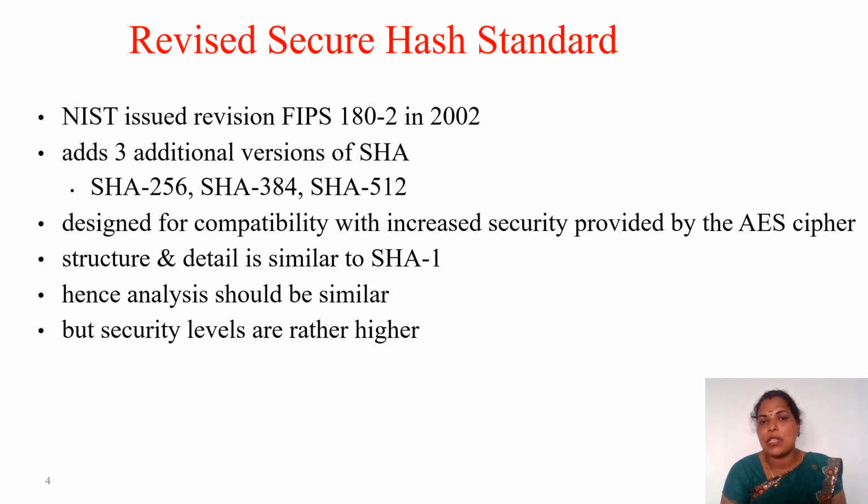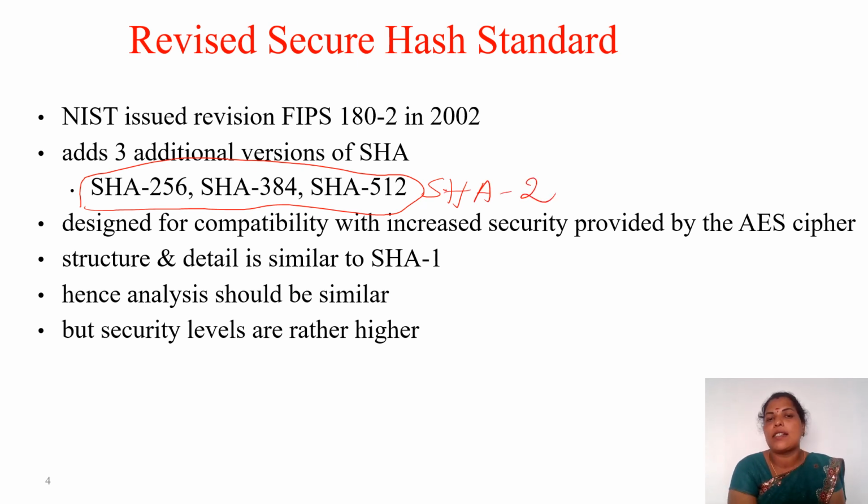This FIPS 180-2 adds 3 additional versions of SHA: SHA-256, SHA-384, and SHA-512, and these 3 are called SHA-2.